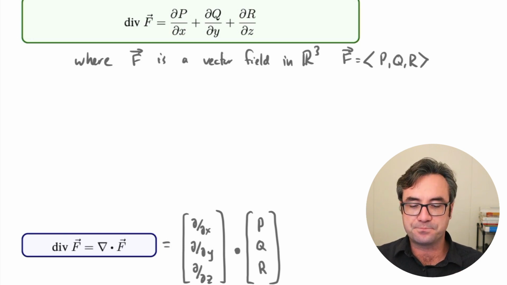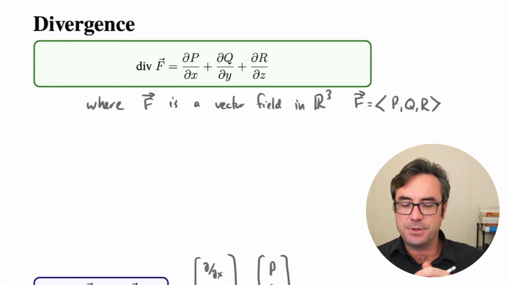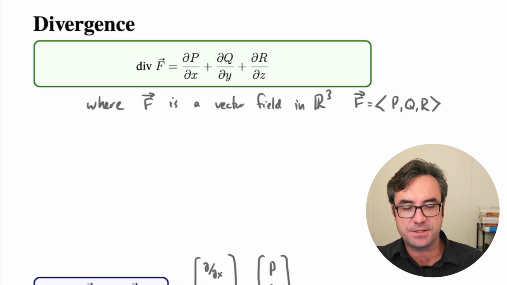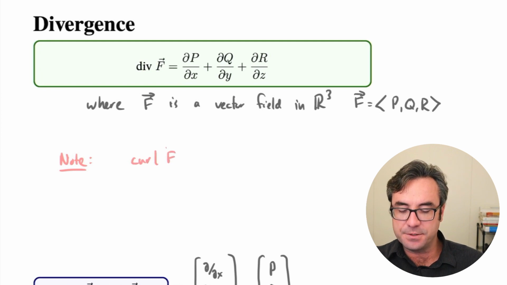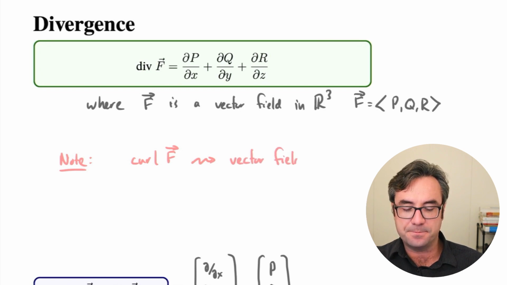Now, the difference here between curl and divergence is, make a quick note of this. The curl of a vector field gives us a brand new vector field on R3.